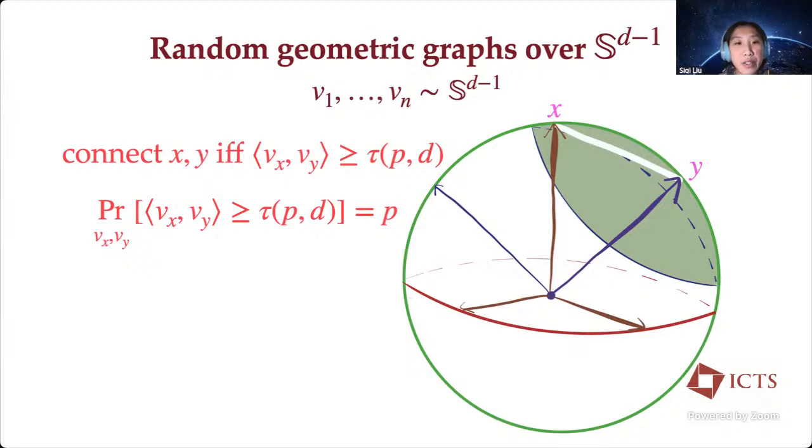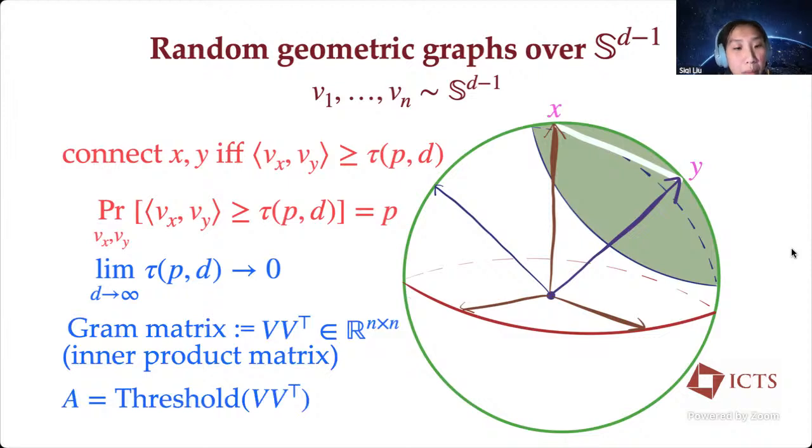But in this literature, the more canonical way people say it is we take the inner product of x and y and only connect the two if their inner product is larger than some predetermined threshold tau. This tau is determined by both the parameter d and the edge density parameter p, which is the average probability that an edge exists between two random points on the sphere. Something we want to note is that if we fix p and bring d to infinity, this threshold tau converges to 0.